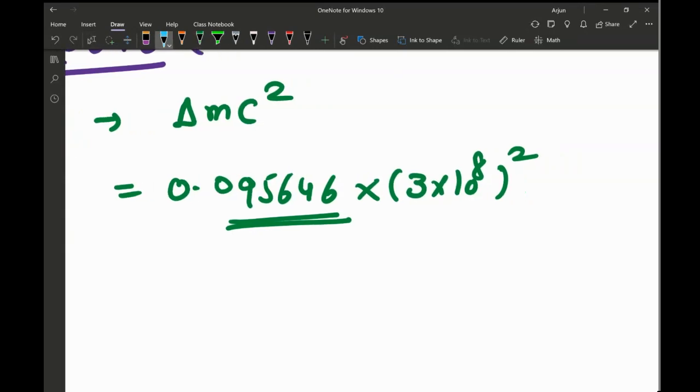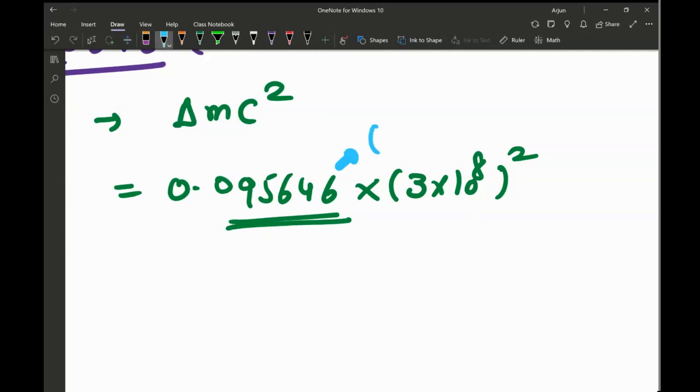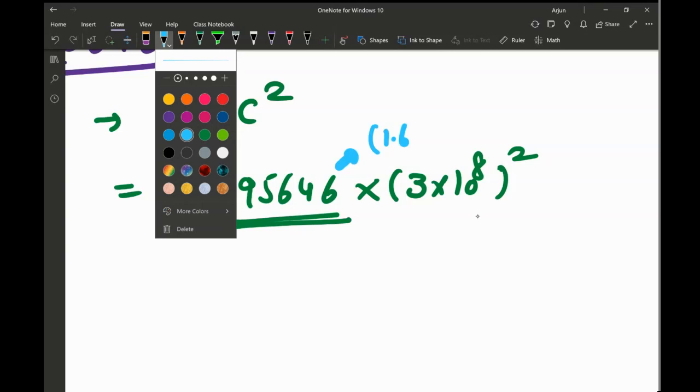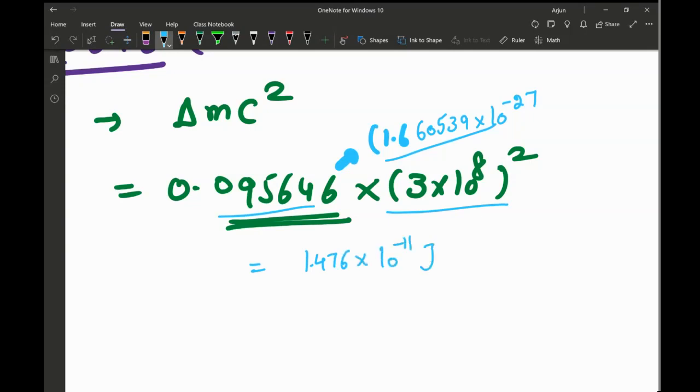I've told you earlier, by multiplying this number with 1.66059 multiplied by 10 raised to the power negative 27. And if you multiply all these three numbers, you will get the final answer in terms of joules, which is approximately 1.476 times 10 raised to the power negative 11 joules.